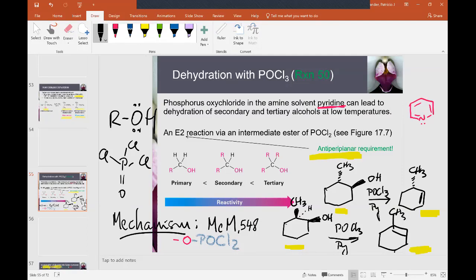You can see the mechanism of this reaction in McMurry on page 548. And you will form an intermediate of this sort.